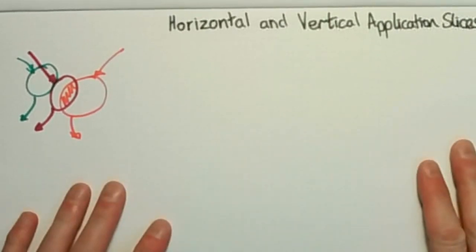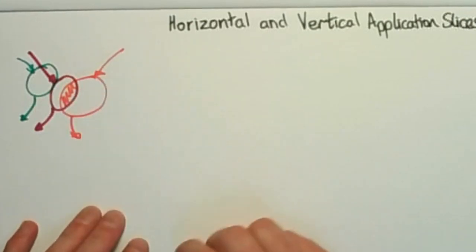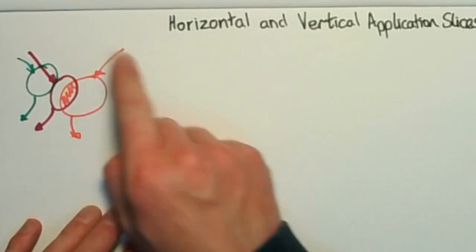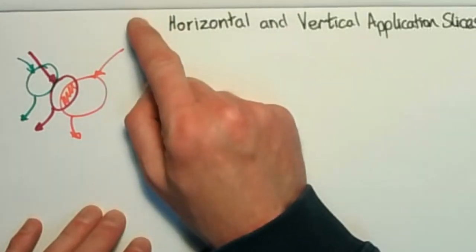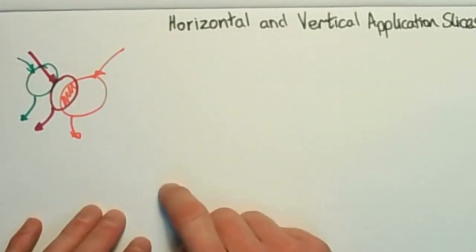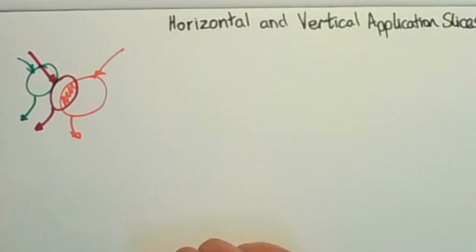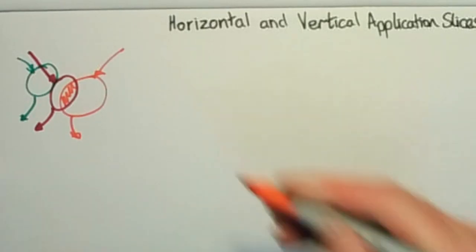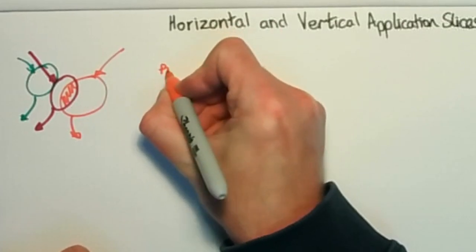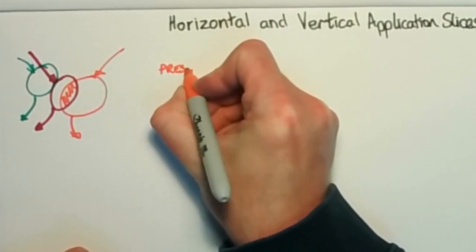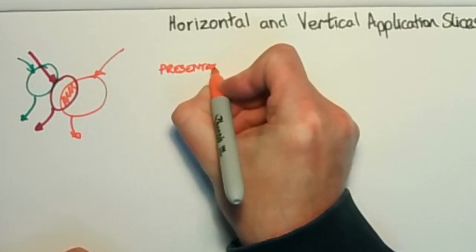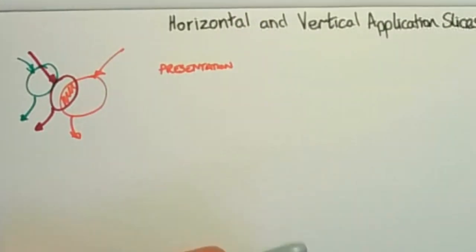So what you want to do is you need to think about the separation on this. We've kind of talked about it a little bit in the sense that we've talked about inputs. So the first bit of this that you're going to think about is your presentation layer. Your presentation layer is also called your user interface.